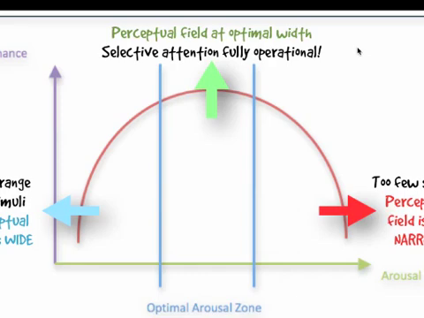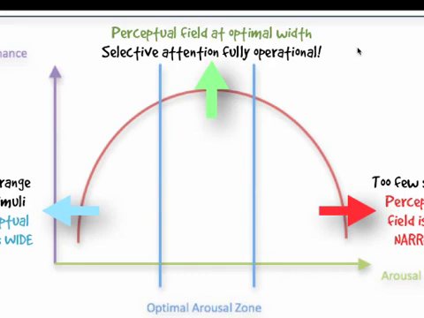So again, going back to our sporting examples, if we were playing basketball, it could be that I'm dribbling, and if I'm in an optimal arousal zone, I will make a correct decision as I near the basket. If a defender comes to me, I'll make the correct decision as to when that defender is going to move towards me. So I'm focusing in on the defender, I'm focusing in on my technique, and I'm focusing in on my teammates.